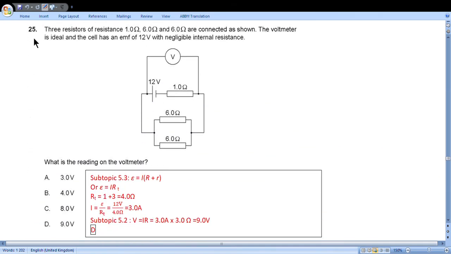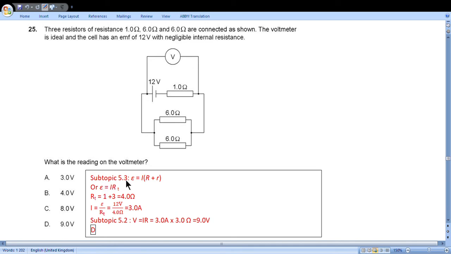Question 25. Three resistors are connected as shown. The voltmeter is ideal and the cell has 12 volts with negligible internal resistance. What is the reading on the voltmeter? The voltmeter measures the voltage across the 6 ohm and 6 ohm resistors in parallel.